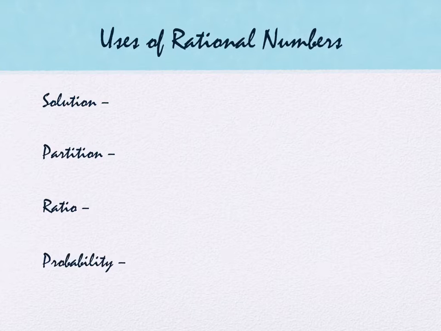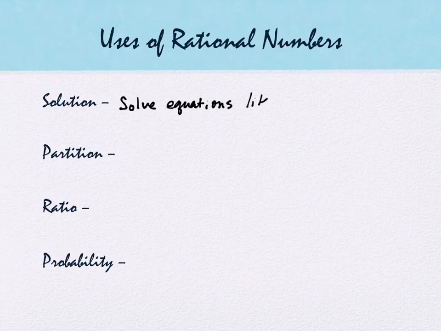There are 4 distinctly different, although related, of course, uses for rational numbers, reasons we would like to discuss them and to talk about how to operate with them. The first one is this idea of a solution. So they allow us to solve equations like 2x equals 1.